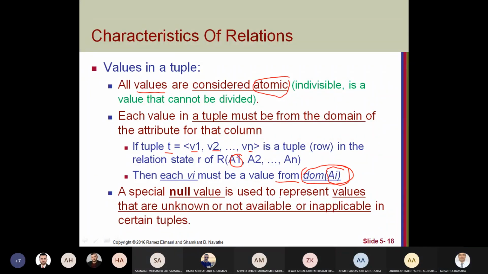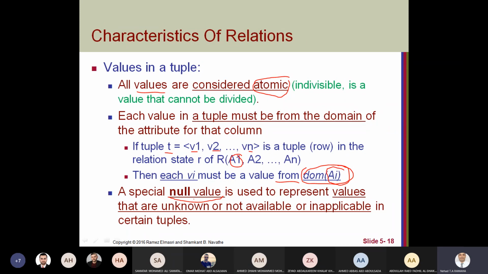Or, not always true, we could give a null value. So it should be from the domain, or we could give a null value if the restriction here allows us to give a null value.